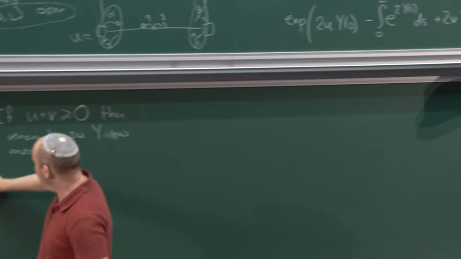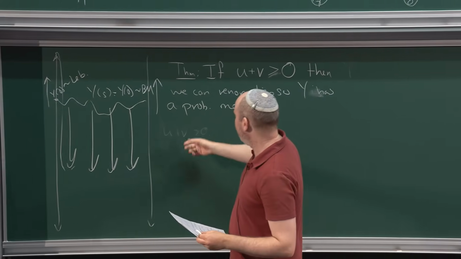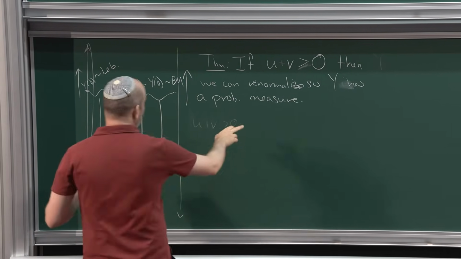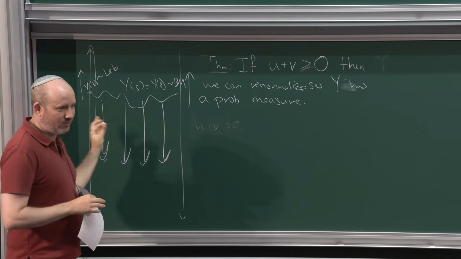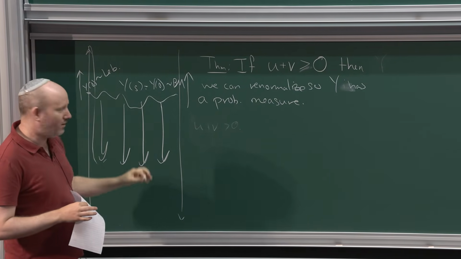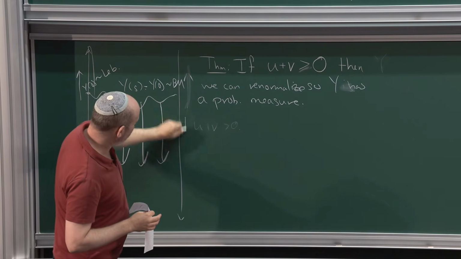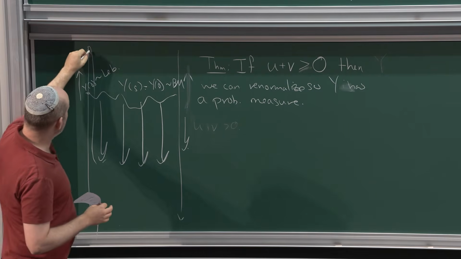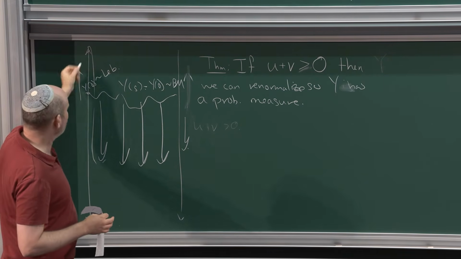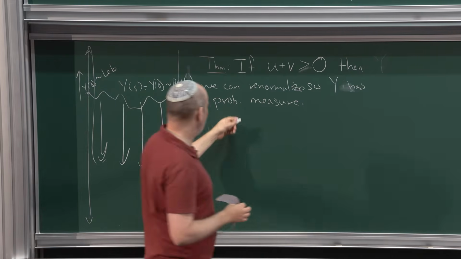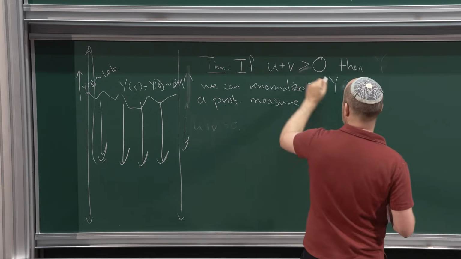So that's the argument when u and v are both positive. In fact, when u plus v is positive, in one case you might align, but there's such a penalty from the other side. You still want to go low here, but the penalty of starting low here is too much, and so there's some sort of balancing act. So it's non-trivial that it all works.